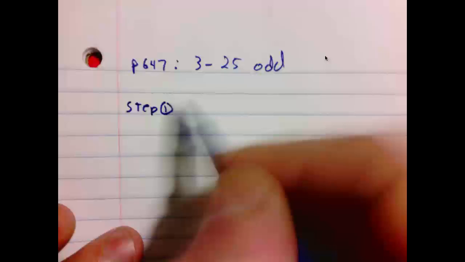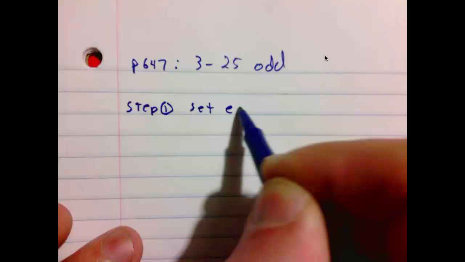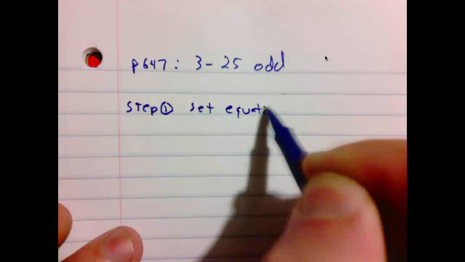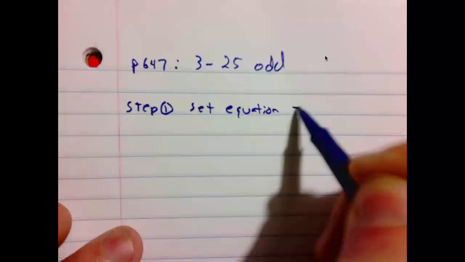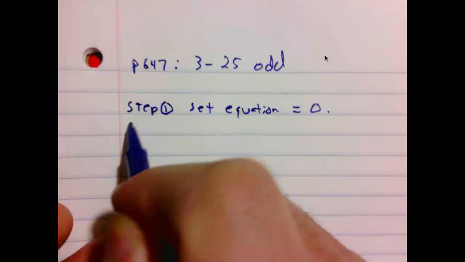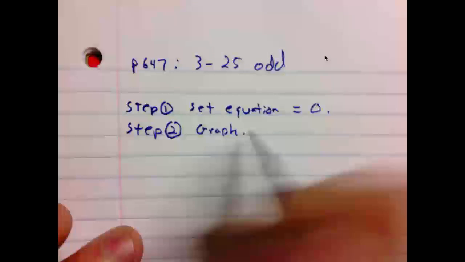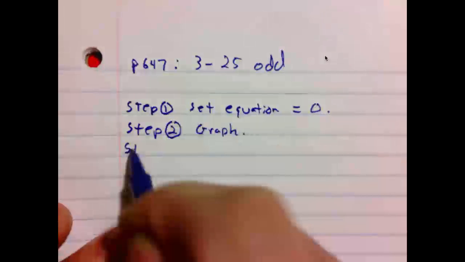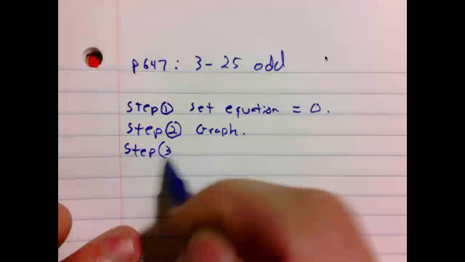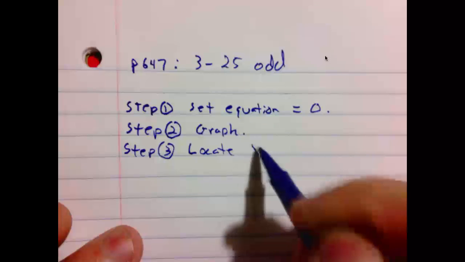Step 1, we're going to set the equation equal to 0. Step 2, we're going to graph. Step 3, locate the X-Intercepts.